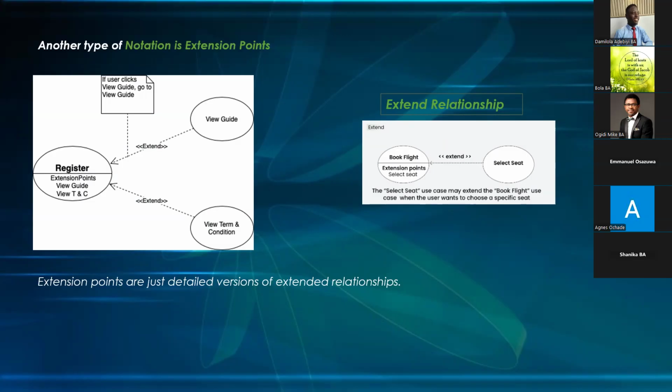And you decide, let me pull up the user guide. That means for you to register, you ask for help. What help? User guide. Once you pull up the user guide, that becomes an extension point.